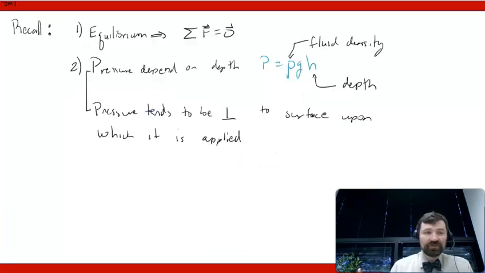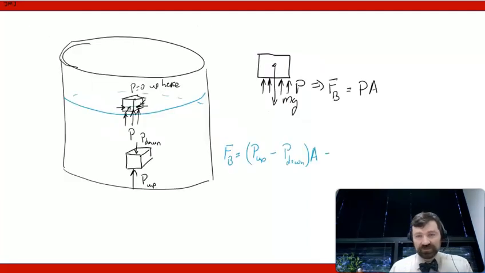Coming back to P equals rho g h, this becomes rho of the fluid, g times delta h, the difference in depth between the top and the bottom.